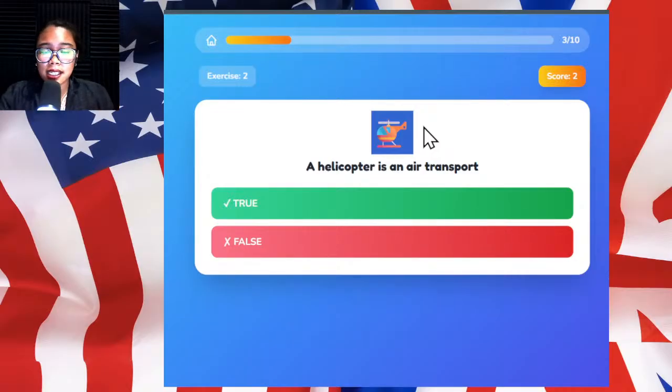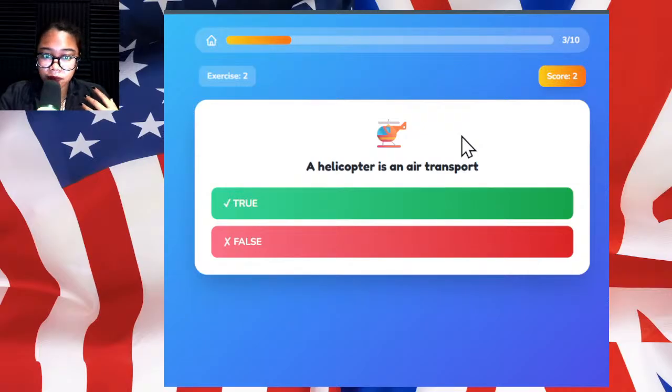It has large spinning blades on top, which we call the rotors. It moves straight up and down. They do not need a long runway to take off. They can land on small spaces like the roof of a hospital, the deck of a ship, a small clearing in a forest. So that is a helicopter.